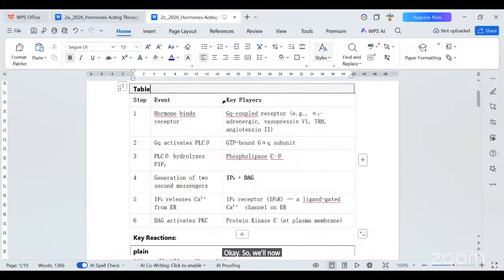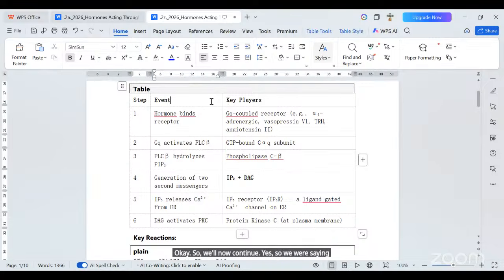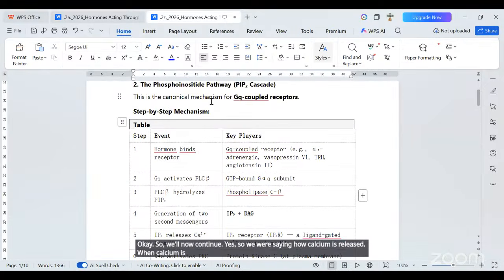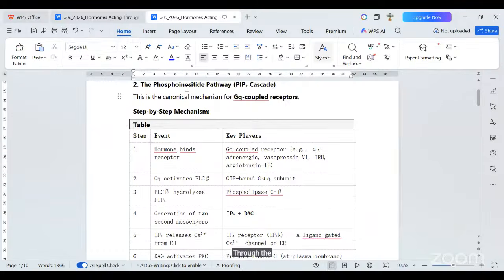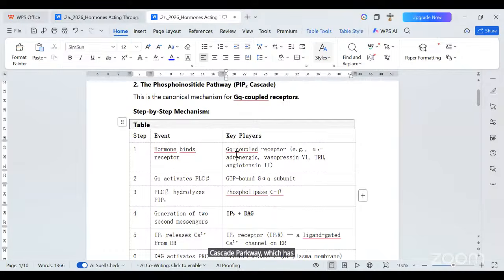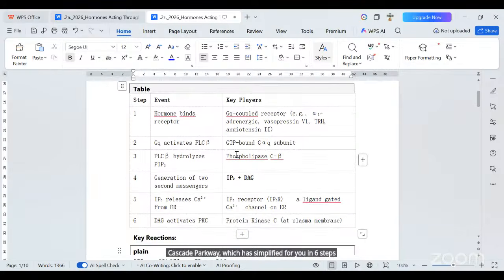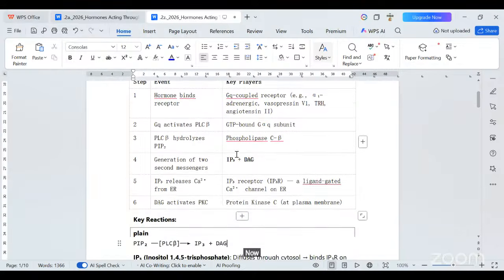Yes, so we were saying how calcium is released. When calcium is needed, it can be released through the PIP cascade pathway, which I've simplified for you in six steps.